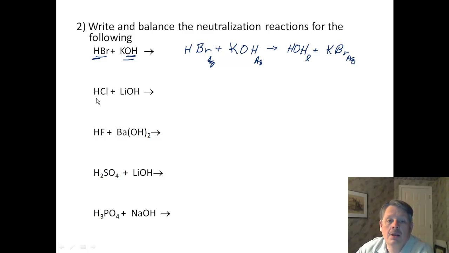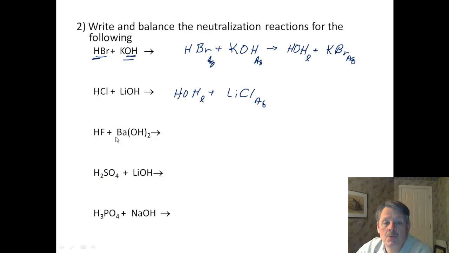All right, here we have the hydrogen and the hydroxide getting together. So that's HOH, and we're going to get the lithium and the chlorine coming together, so it's lithium chloride. That is aqueous, so they're going to be dissolved in water, and we're going to have liquid for our HOH.